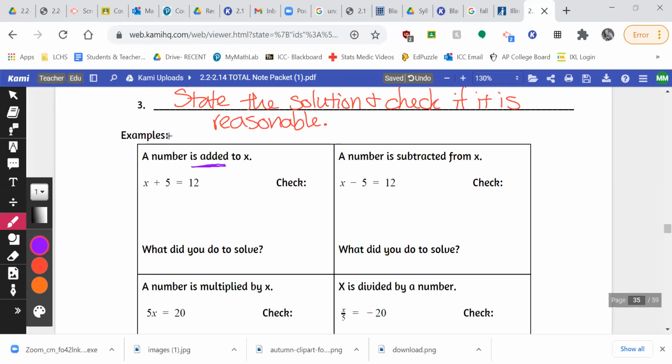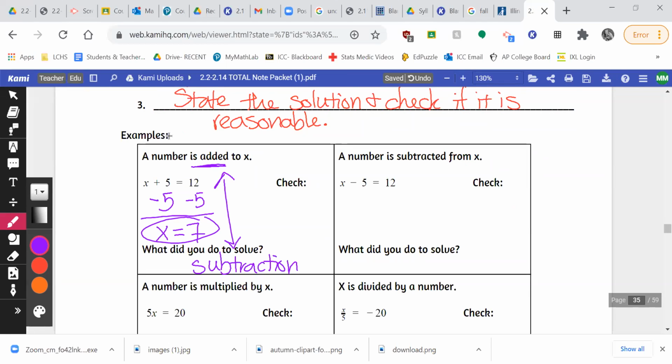Step two is to do the opposite, or the inverse, to both sides. So instead of adding 5, I'm now going to subtract 5 from both sides, and I get x equals 7. So to solve the problem, we used subtraction. We can see that addition and subtraction are inverse operations.